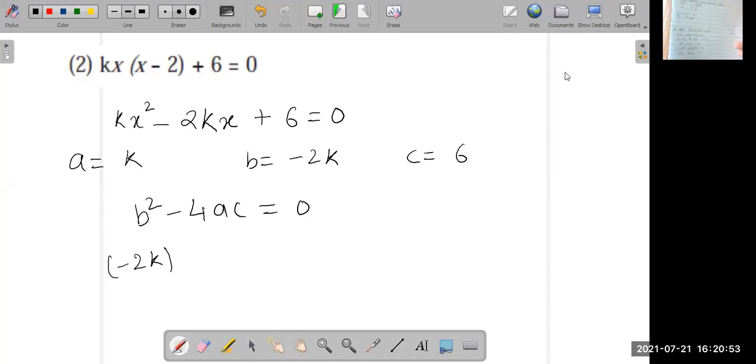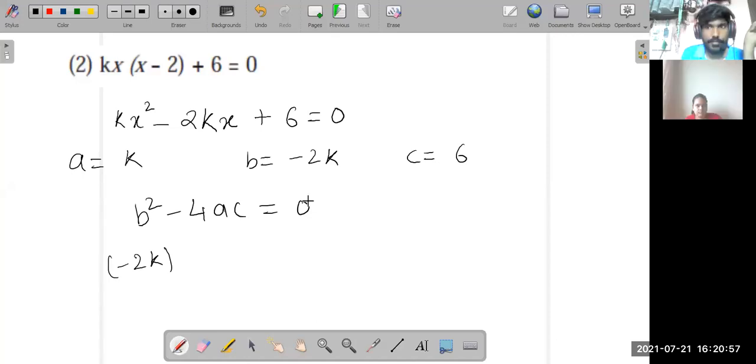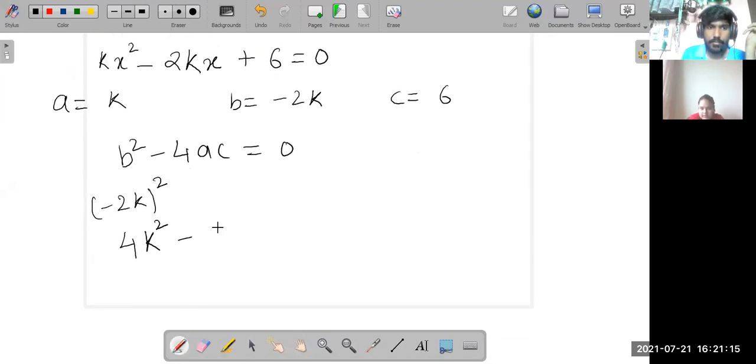Look at the screen. When you take the square of minus 2k, it is minus 2k the whole square, so it will become 4k square. The square will apply to the k as well. So it will become 4k square is equal to 24k.